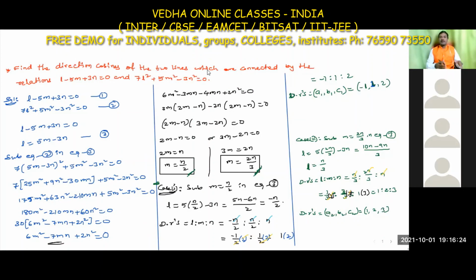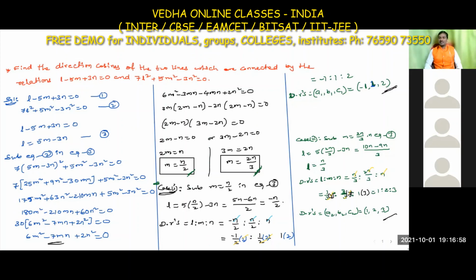For all the angle problems we'll find up to DRs, then we'll substitute in the formula. But the DCs you can do separately in case 1 and case 2, or otherwise you can do it at the last.